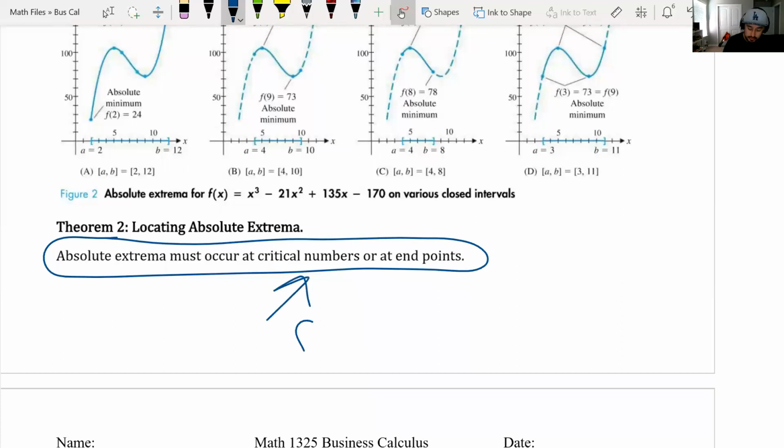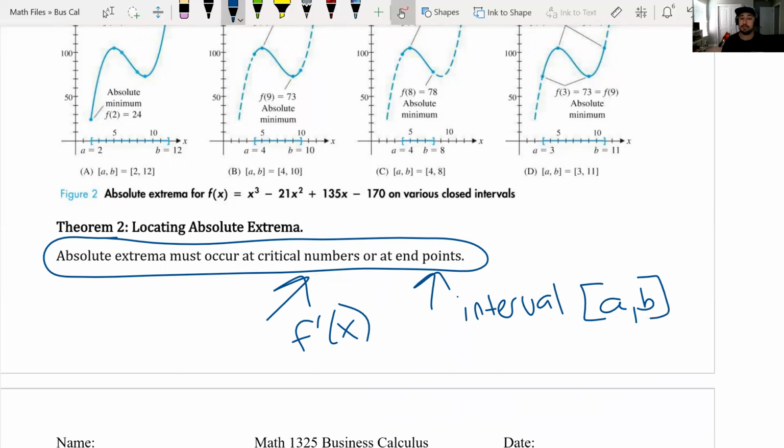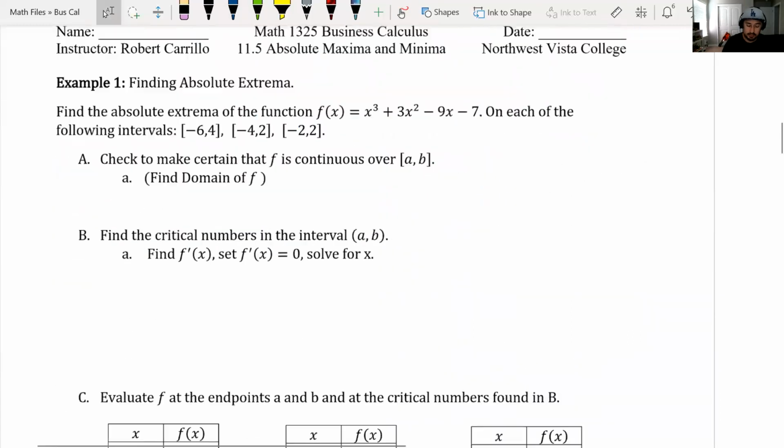Remember, critical numbers come from the first derivative, and endpoints come from our interval, which is going to be given in the form [a, b]. Cool? All right.